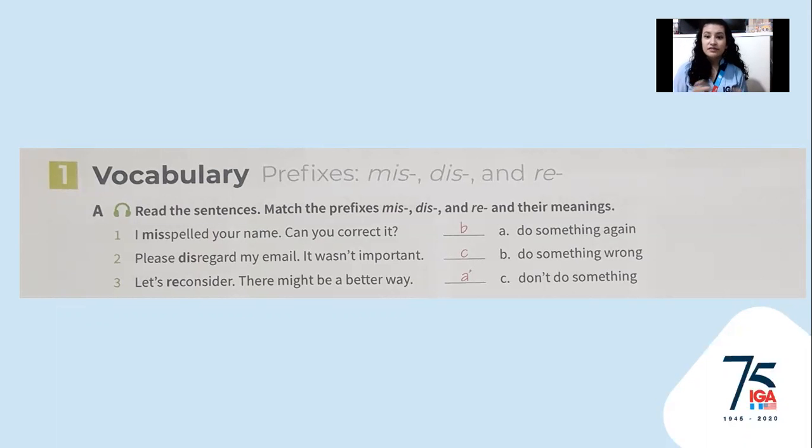That's why it's don't do something, right? So don't read it. Let's reconsider. There might be a better way, right? In this case, it is do something again, right? Let's repeat this activity because the first one wasn't okay, wasn't correct.